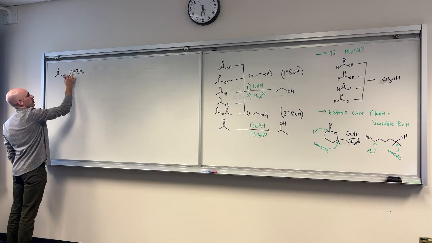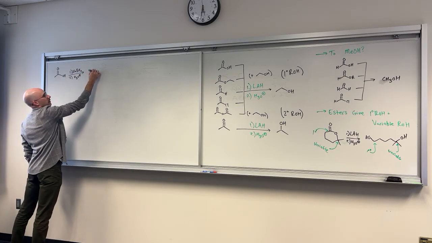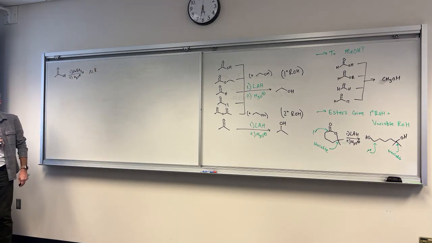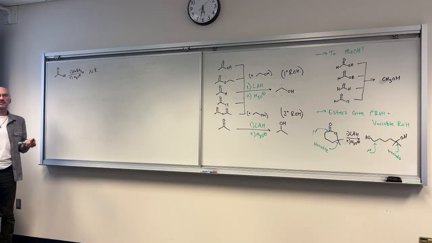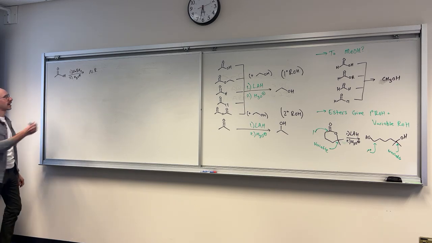NaBH4 with aqueous workup gives us, oh, what's NR? No reaction. Nothing happens. Maybe some acid-base chemistry, to be honest, but at the end of the aqueous workup, it looks like nothing has happened.